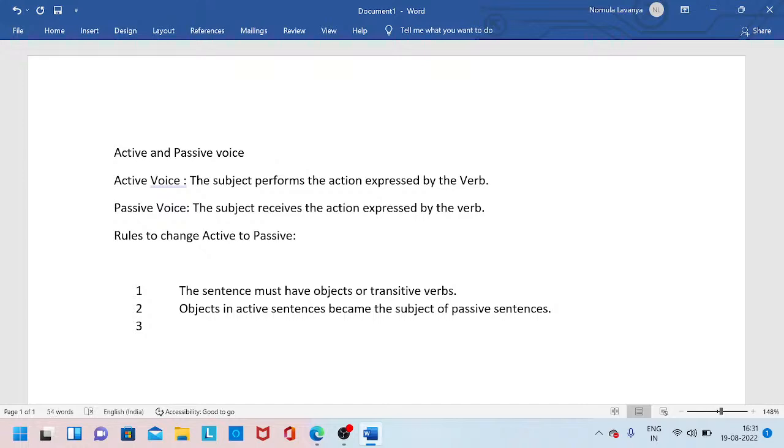And what is rule 3? The subject in the active sentence is converted into the passive sentence, preceded by the word "by" before the object.